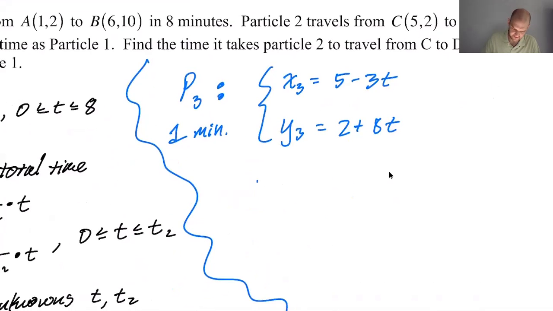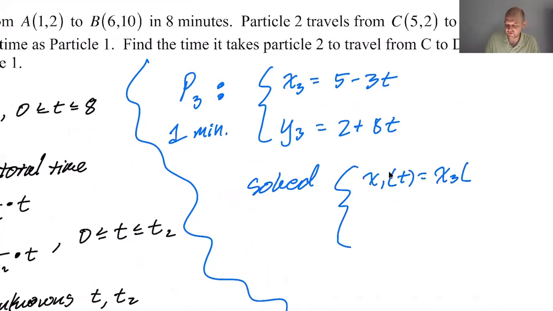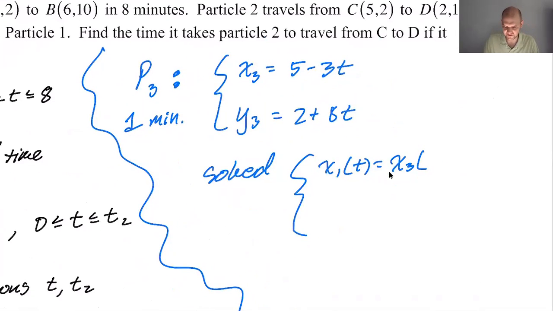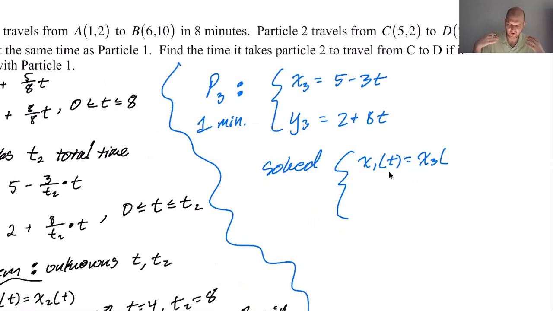We solved x1 of t equals x3 of v, because x3 is not going to get there at the same time. We know nothing about when x3 gets to the intersection point, so this is why we needed dummy variables. And then y1 of t equals y3 of v.